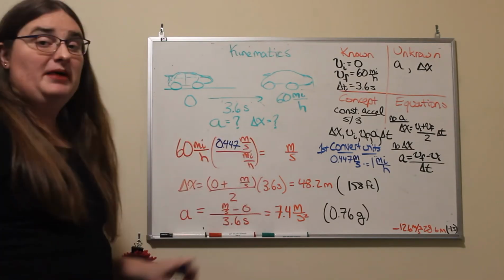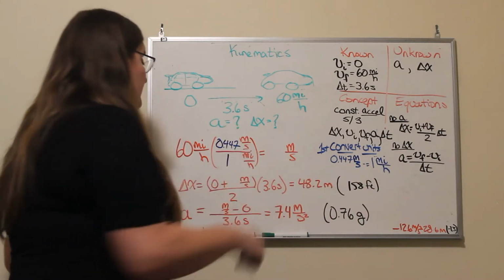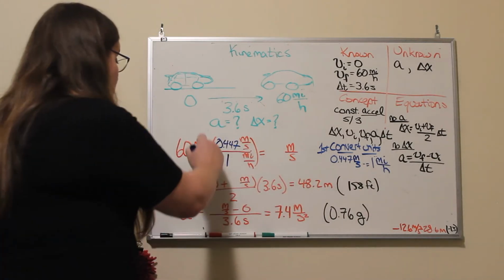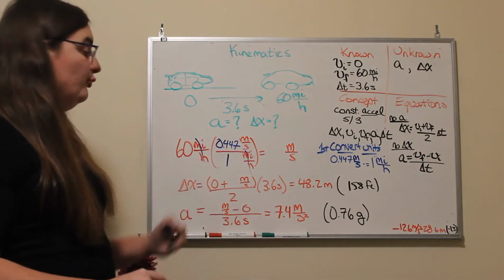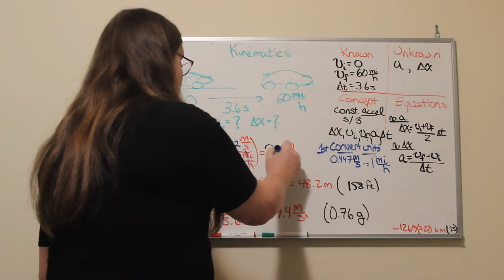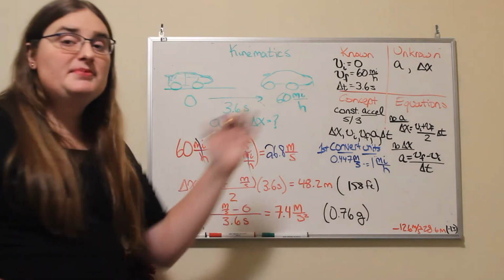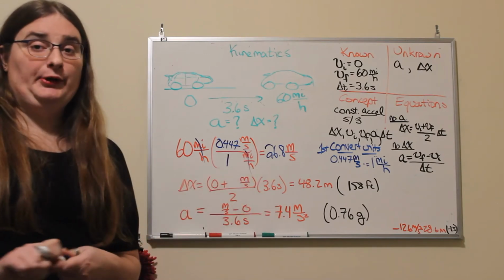I'm dividing by miles per hour to cancel miles per hour. In my conversion, I have one of those. So my units cancel. And 60 times 0.447 tells me that I have 26.8 meters per second, which is 60 miles per hour.